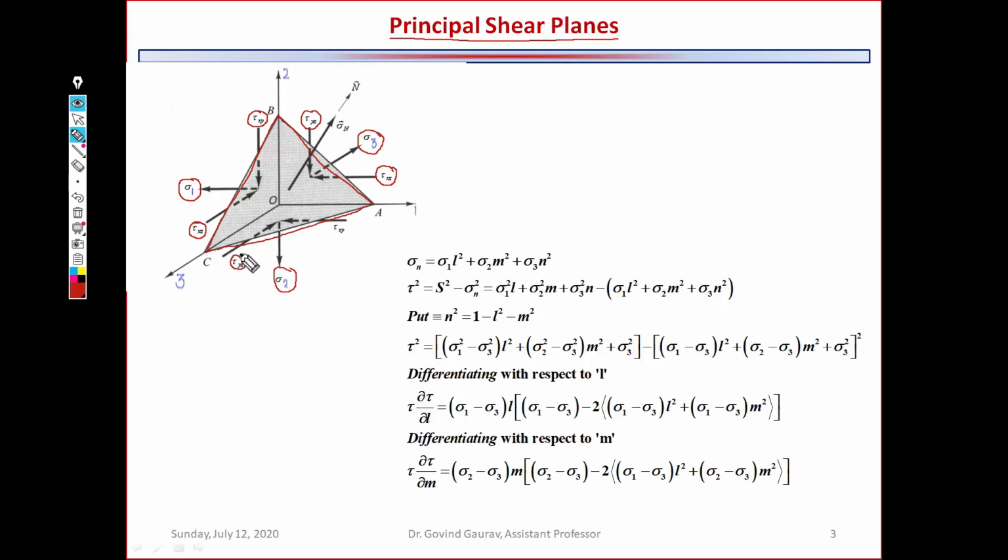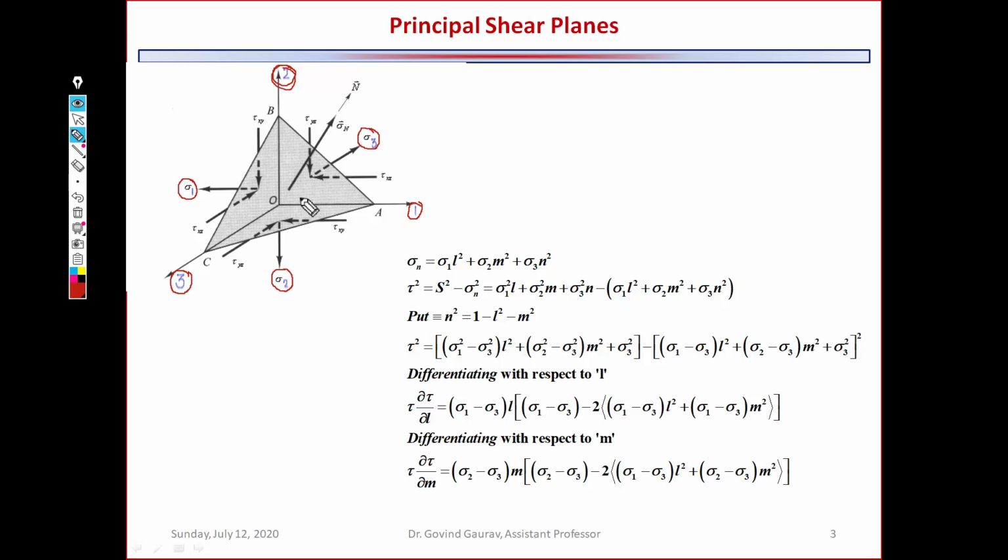One thing more, what we have assumed over here is that the directions of the normal stresses sigma 1, sigma 3 and sigma 2 are in the directions of the coordinate system. So these are aligned in the directions of x, y and z.